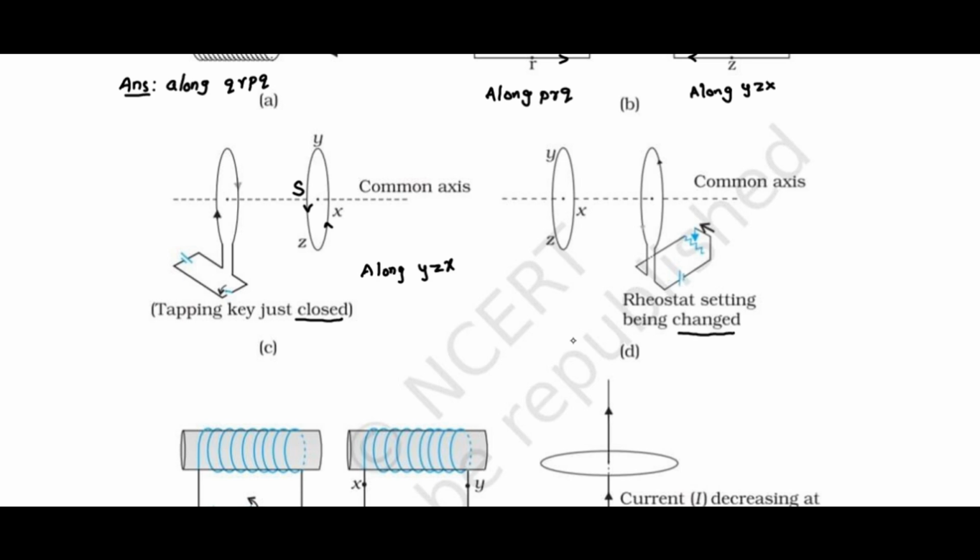By Lenz's rule, the increase of flux should be opposed. The induced current should produce flux in the opposite direction of the original flux. Hence, the induced current flows along Z, Y, X.